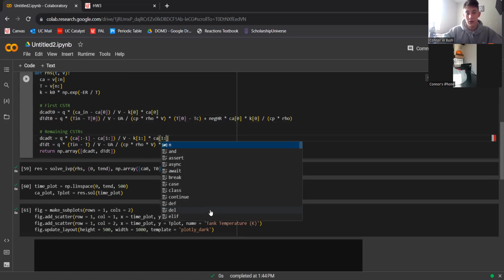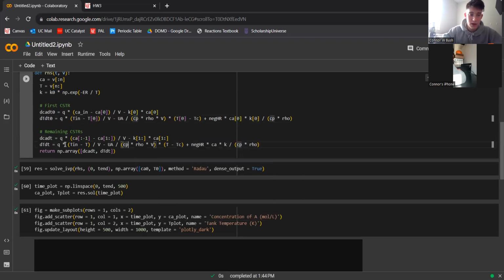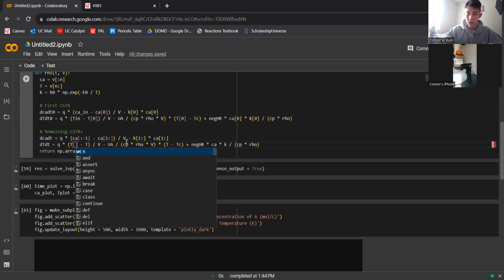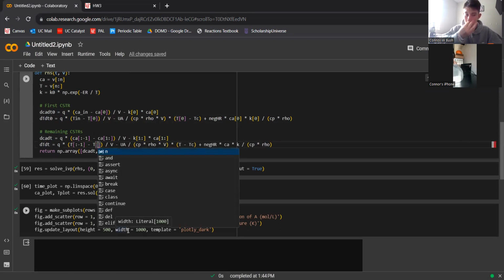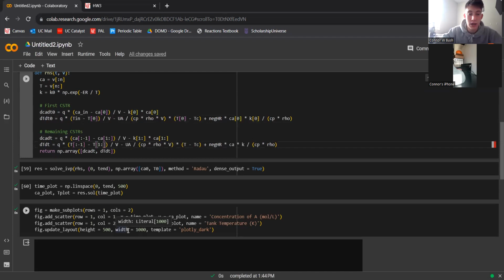And then same thing here again. So now into the temperatures, we're going to use similar notation when we're looking at the difference in temperature. We're going to include beginning value up until n-1 essentially, and then start at 1 and go to the very end here for the temperature.